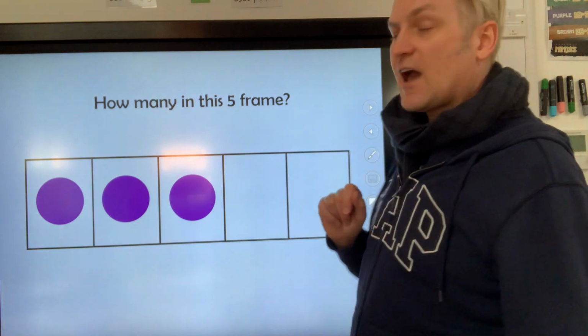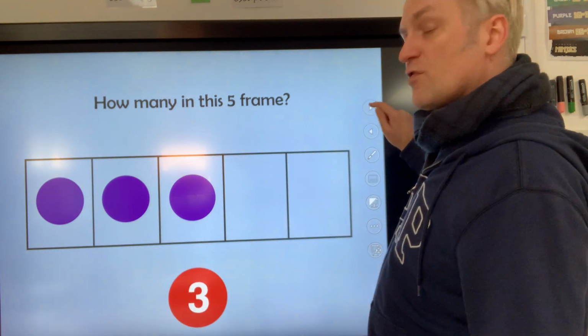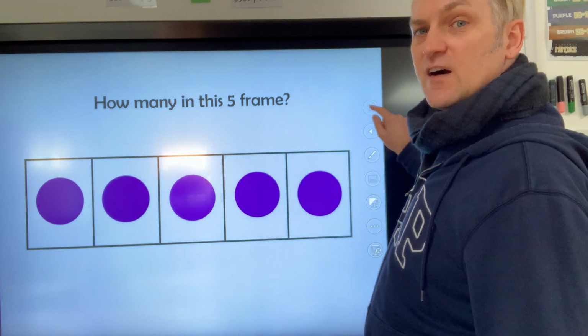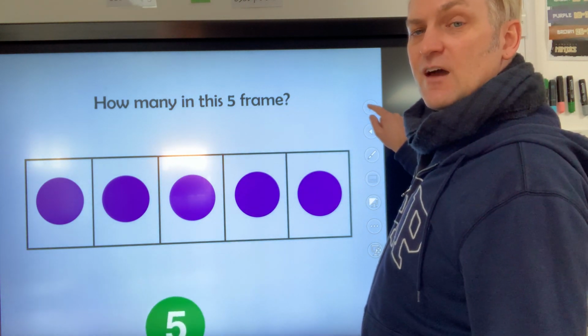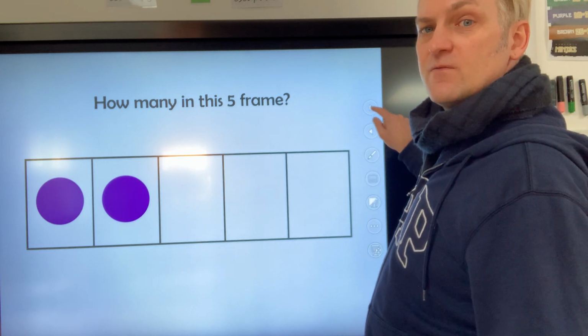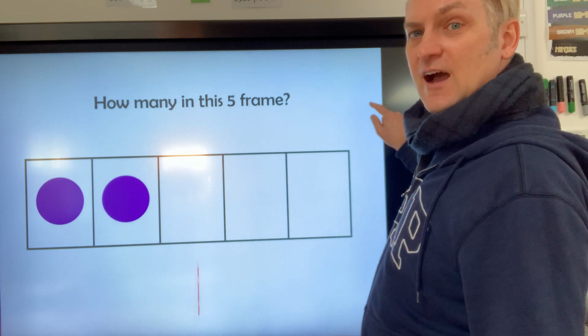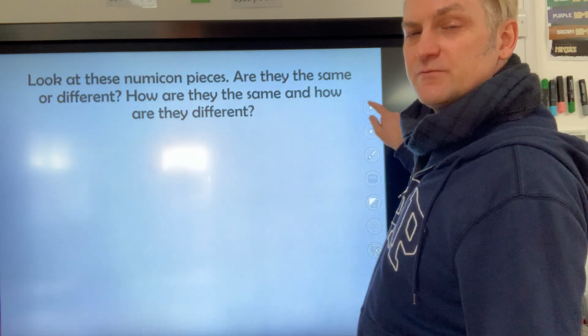All right. How many are in this 5 frame? There are 3. How many in this 5 frame? There are 5. Remember, it's a full 5 frame. How many there? There are 2. Okay, well done. And how many? Oops. There we are.